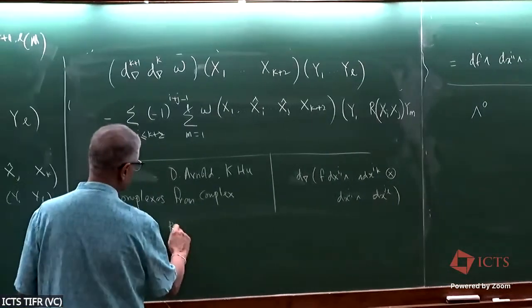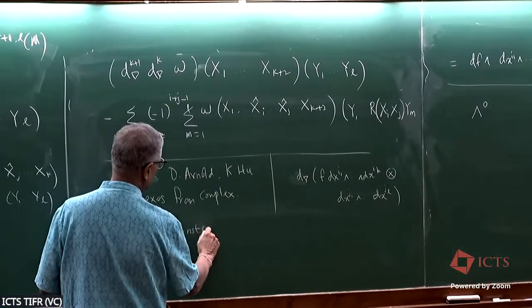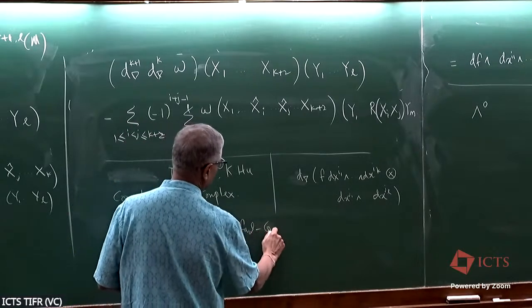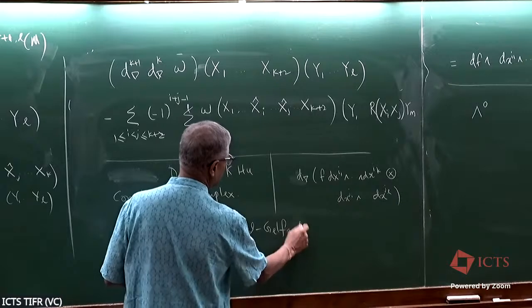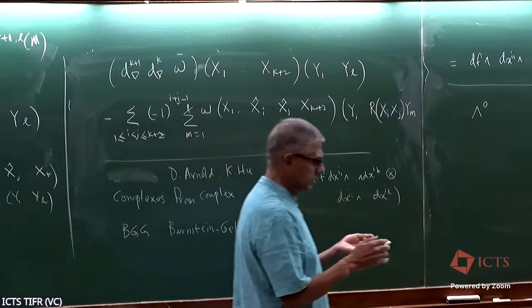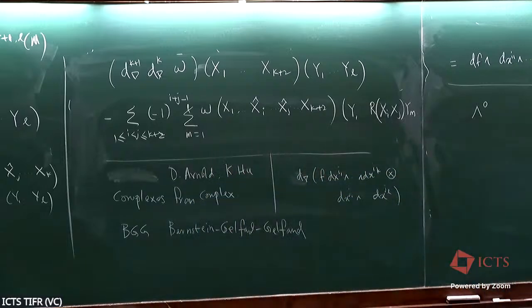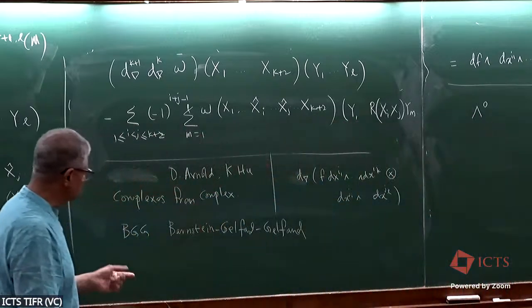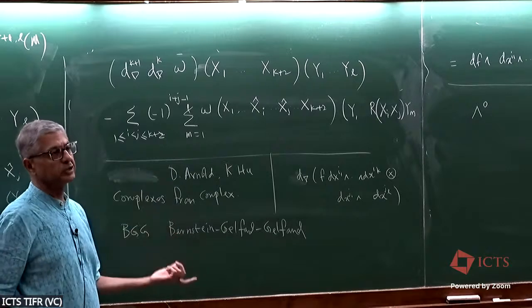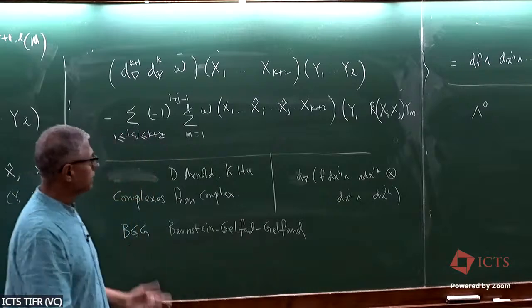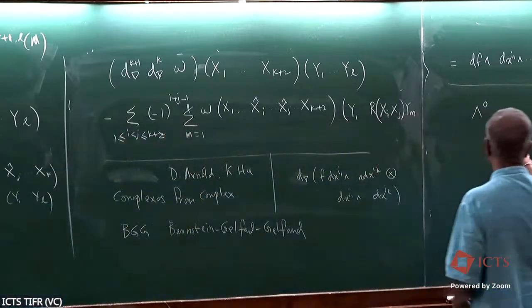This name comes from Bernstein, Gelfand, Gelfand, and a paper in 2001 by Andreas Čap, Slovák and Souček. I don't know how to pronounce the names, but I know Čap because he was one of the speakers in the workshop we had in Chicago recently. So there's a paper by this name, and this is the construction inspired by that.